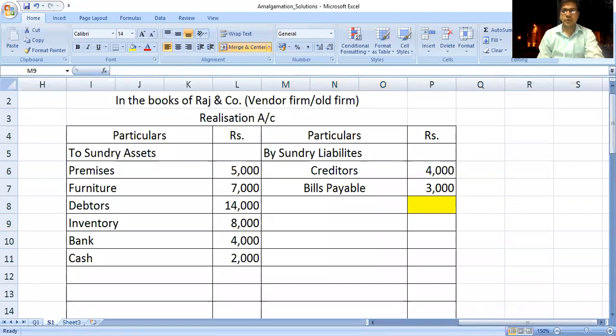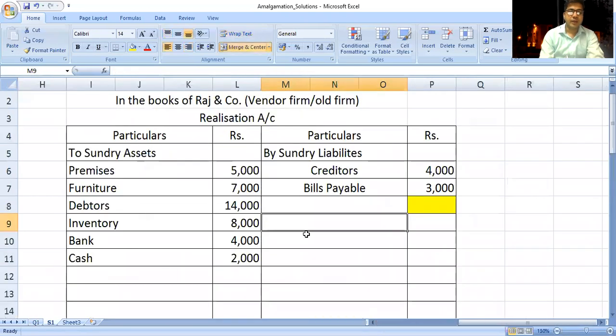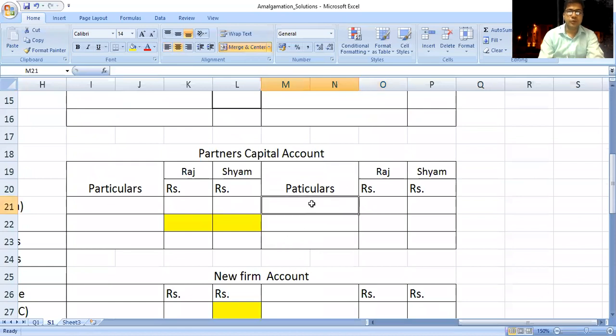Generally, reserves are transferred to partners' capital account, and distributed among the partners as per their profit sharing ratio. In our problem, reserves are there: general reserve 3,000. The general reserve 3,000 we will transfer to partners' capital account, and it is distributed to all partners as per their profit sharing ratio.